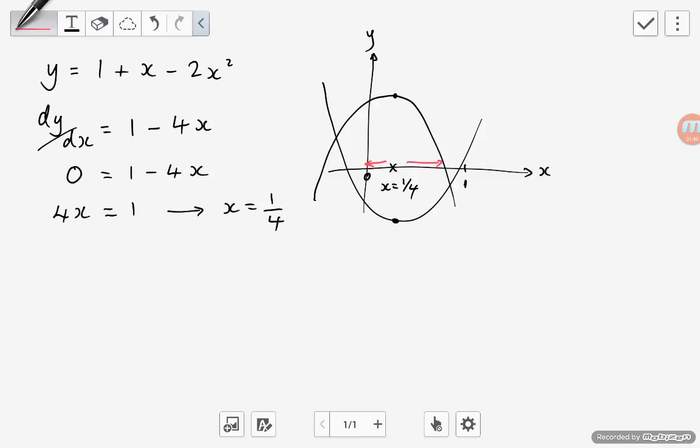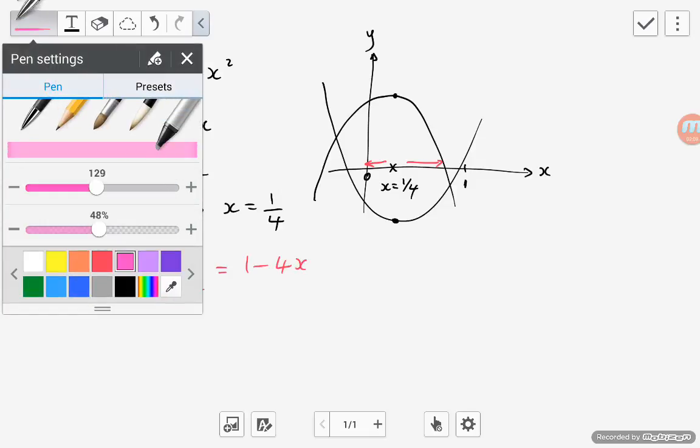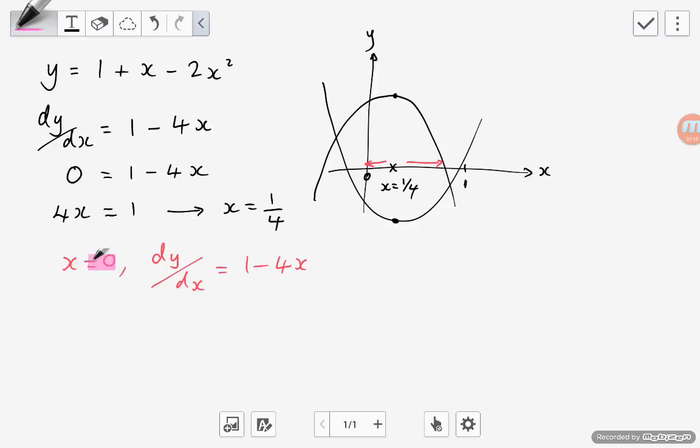So the most obvious place to look now is when x equals 0. And what we're looking for is the steepness of the curve. Is it a positive or a negative gradient? So once again, using the gradient function that we've found out already of 1 minus 4x, we will substitute the value of x equals 0 into this gradient function.